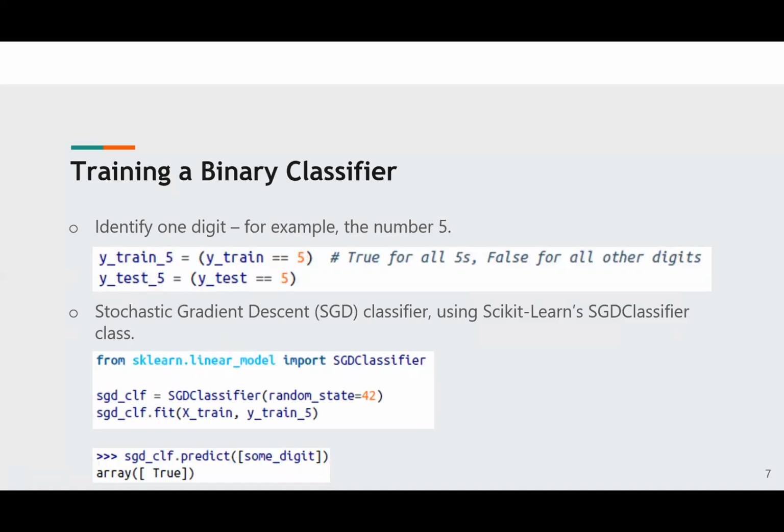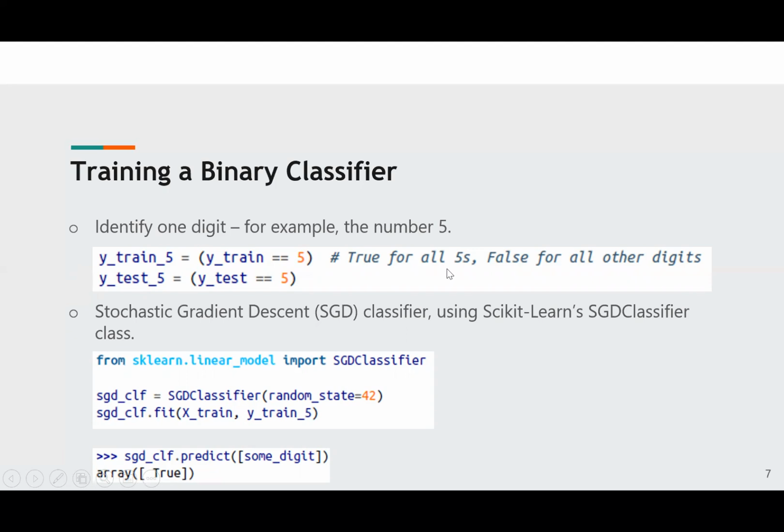Let's see how we can train a binary classifier. You identify one digit, for example, in this case, the number 5. So we call it y_train_5. y_train_5 only takes all the observations when y_train equals 5.